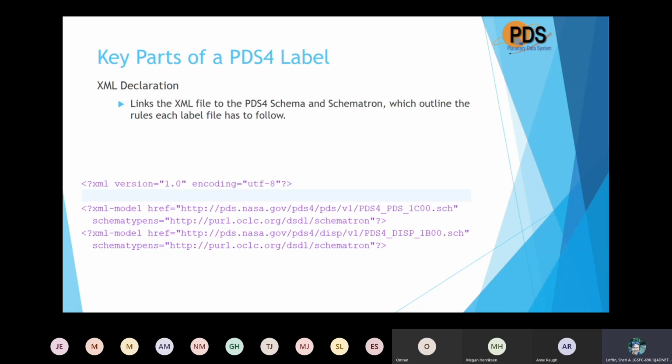That's the only part it cuts out. But every label file will have this, and the only changes that will occur is if there's a newer version created, or if you have other schemas and schematrons related to the particular type of file that you are doing. So like there's a display dictionary one that might be here if you're doing an image file, or a document one if you're doing a document.